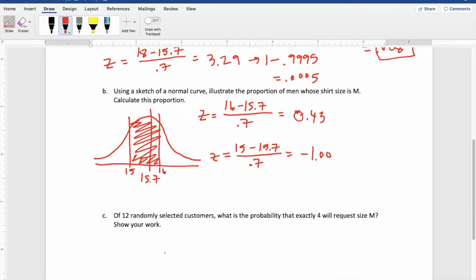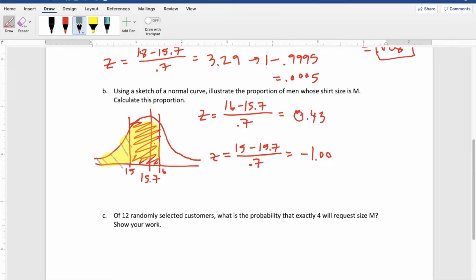And then my trick for between, the way I do between is I'm kind of thinking of it as if I do my z table for less than 16, that gives me all of this area below that. But I don't want that whole area, I just want the in-between. So by going back and finding my z table probability for less than 15, I'm taking out anything that's less than 15.